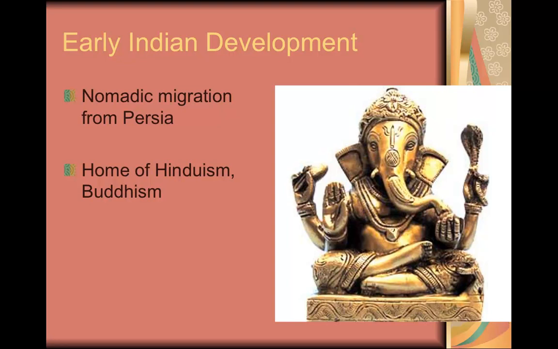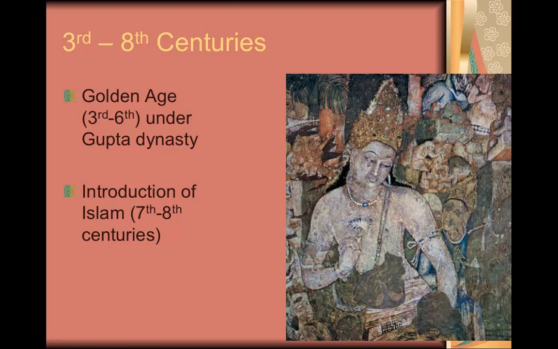There are traditions and norms around eating, dress, livelihood, social structure, in terms of the castes, which we'll talk about later, etc. So Hinduism took strong root in India, but also Buddhism was born in India. So we've got two really important religions that came right out of India.